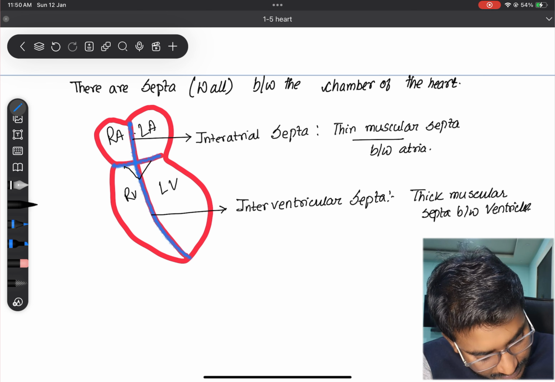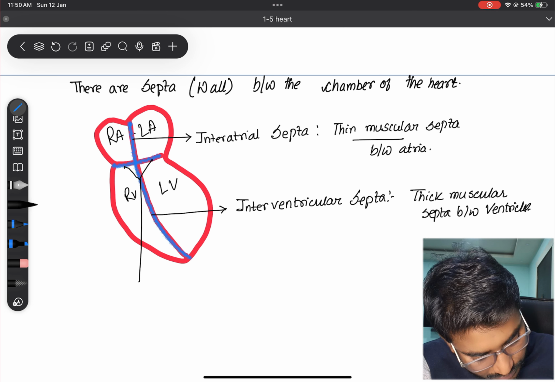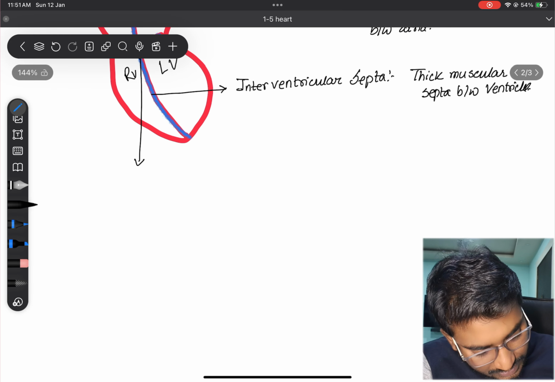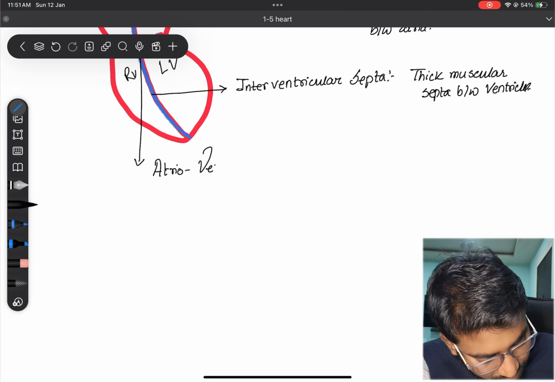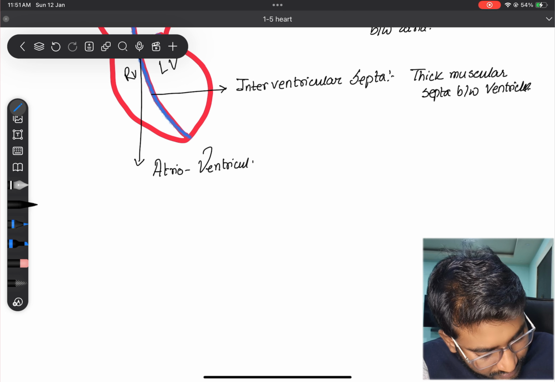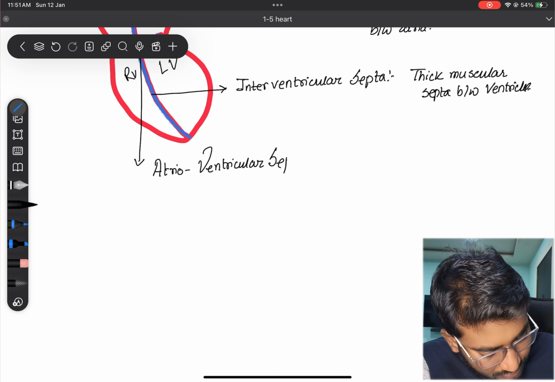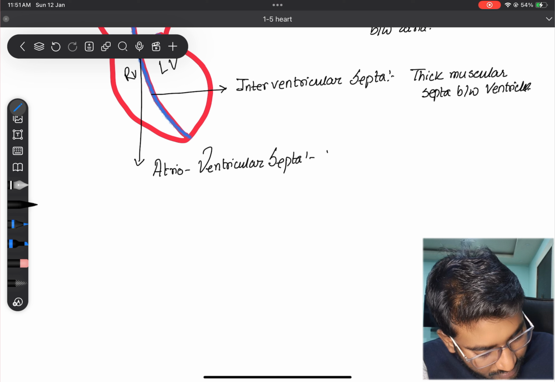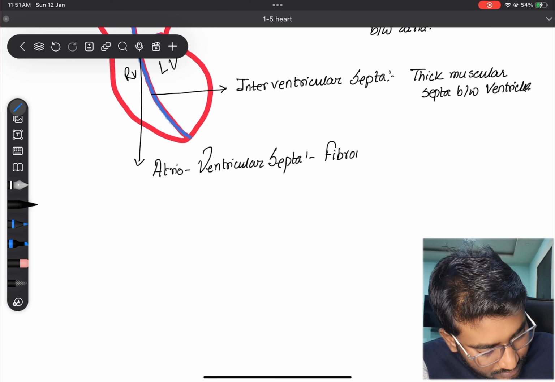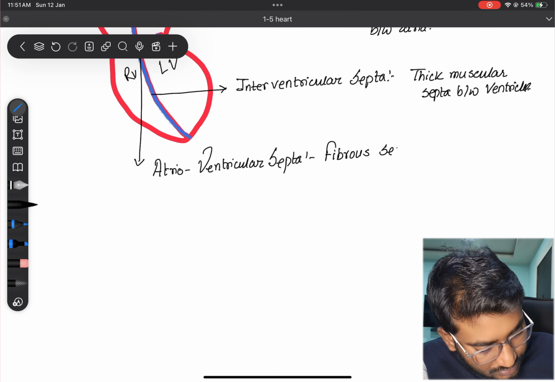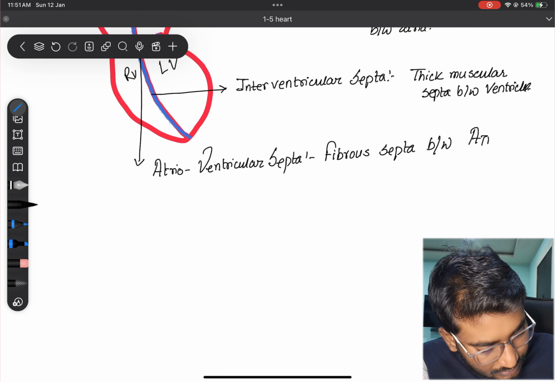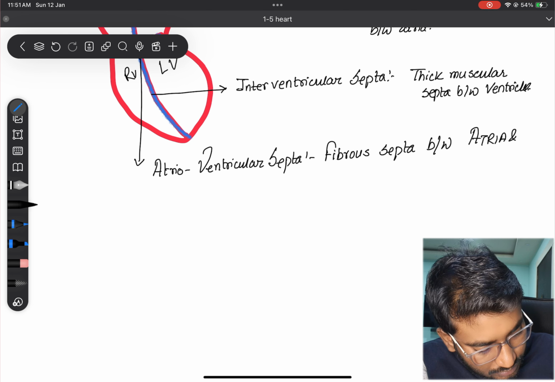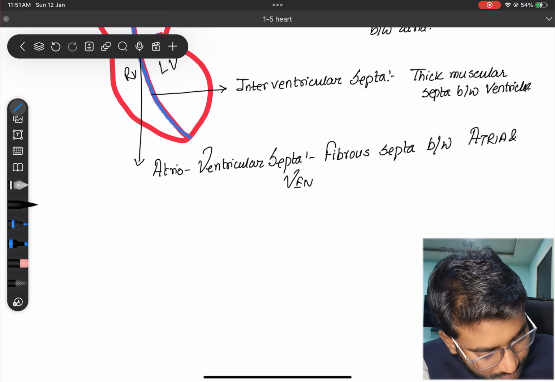And this is the atrioventricular septa. Fibrous septa between atria and ventricle.